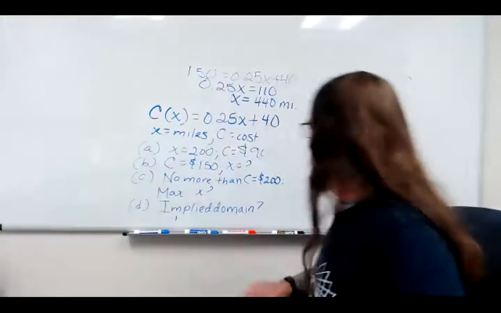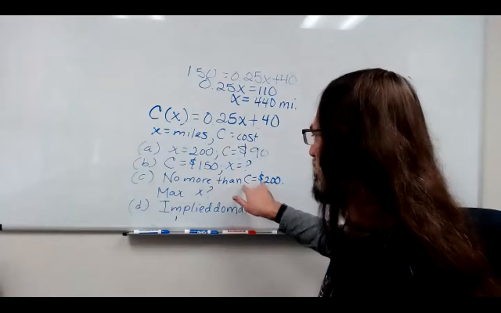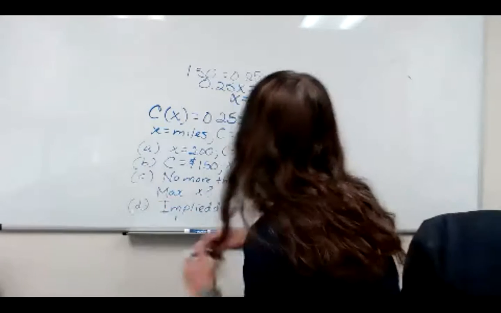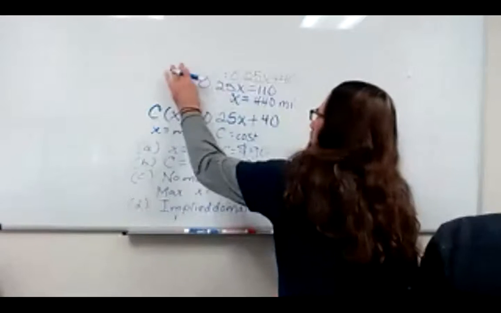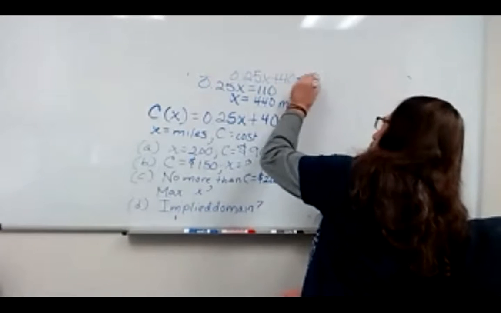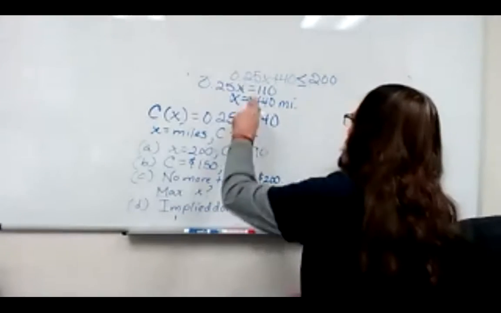In that case, you don't want the cost to be more than 200. Now, you're dealing with an inequality. No more than would be the same as saying less than or equal to.